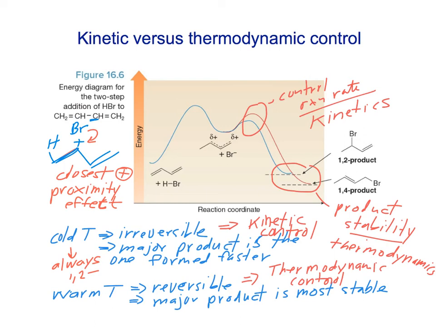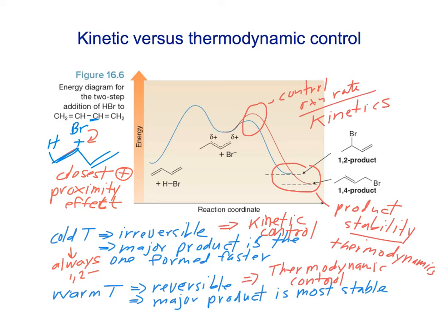If we're at warm temperatures, so if we look at these two products, how would we judge which one of these is more stable? Yeah. Substitution about the double bond. Exactly. So what's going to control the stability here is the stability of the alkene, right? And you learned before that more highly substituted alkenes are more stable.